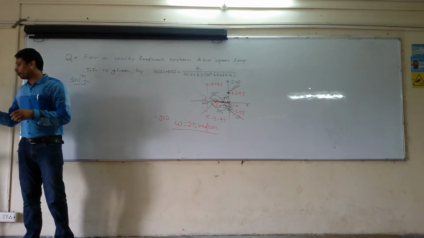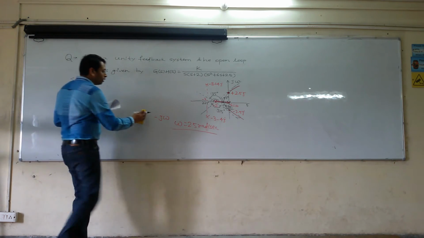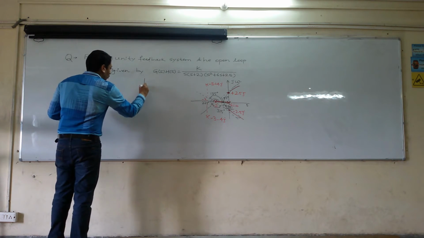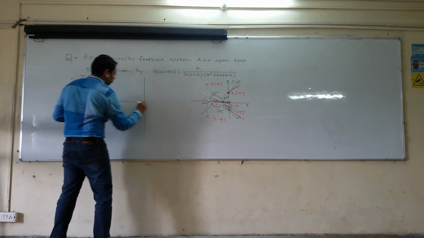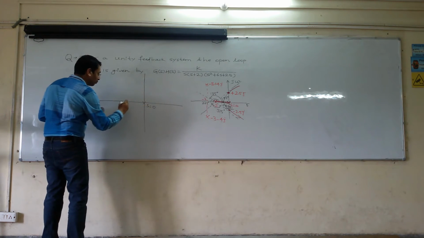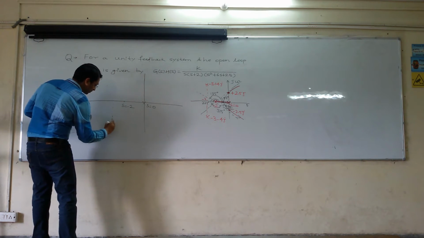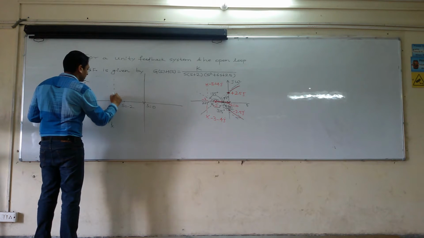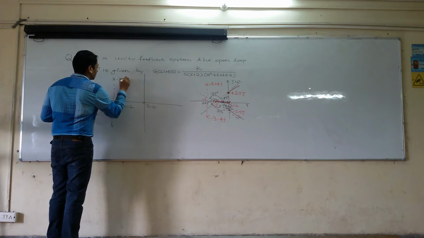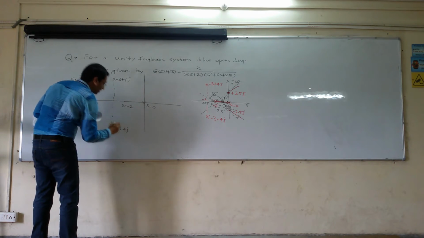So now the calculation of your angle of departure. For the angle of departure, what will you do? I am going to draw a pole-zero diagram here and locate these poles on it. S equal to 0 is one pole, s equal to -2 is another pole, and -3 plus 4j is one pole, and -3 minus 4j is another pole.